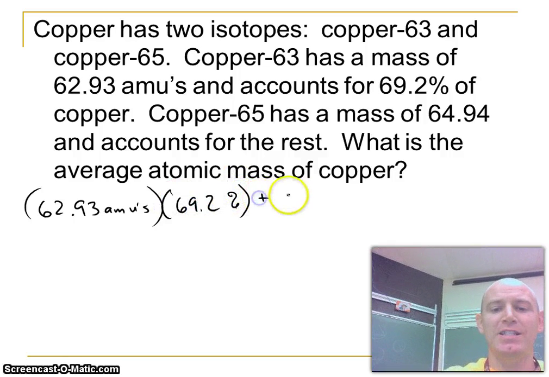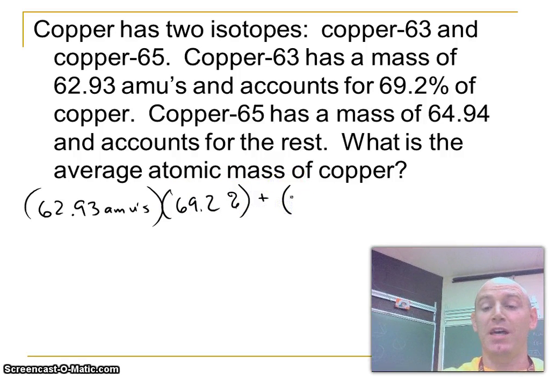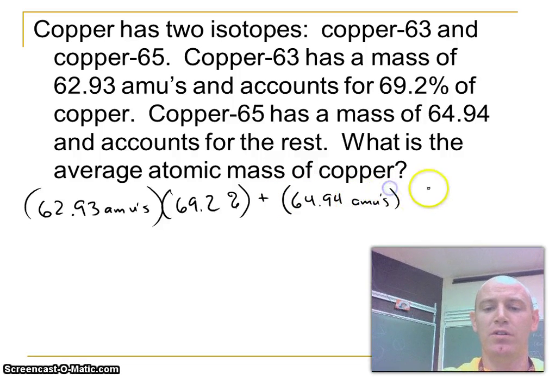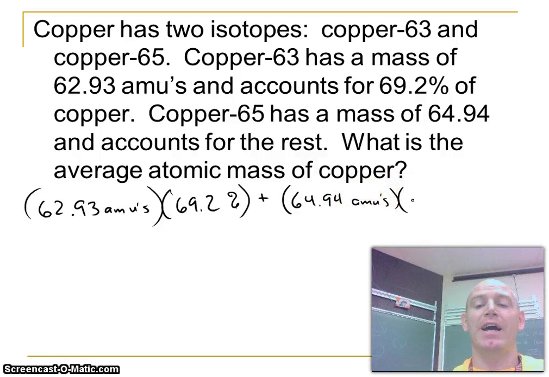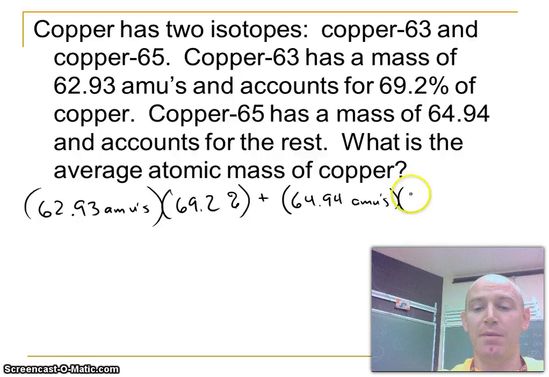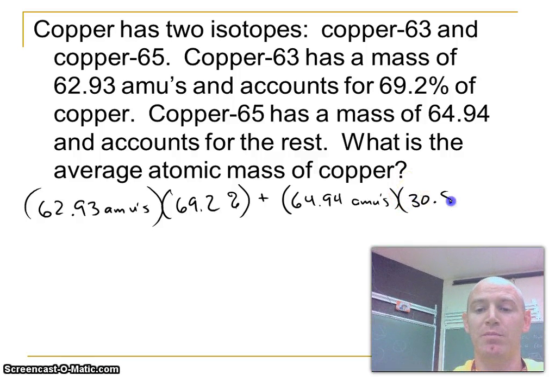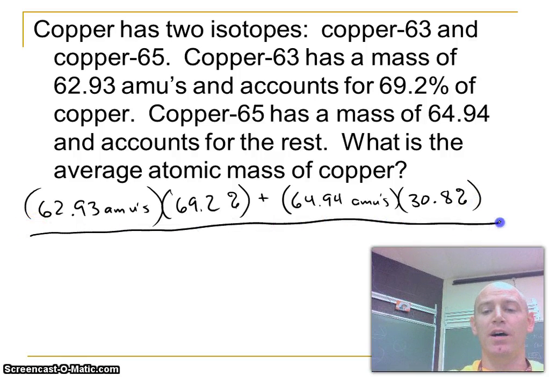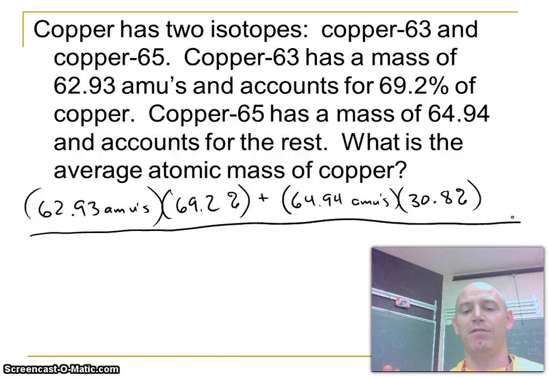And I'm going to add to that the other mass, which is 64.94 AMUs, and multiply that by its percent abundance, which is 30.8%. And then I'm going to divide the whole thing by the total number of parts to the abundance, which in this case, because it's a percentage, we're going to divide by 100%.